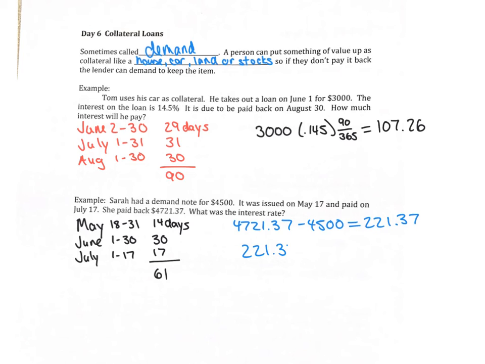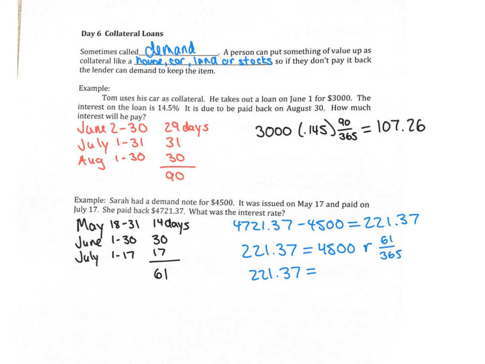We want to figure out what the interest rate was, so we can use our interest formula. Again, here is the amount of interest that she paid. The principal on the loan was the $4,500. We don't know the rate. She had the loan for 61 out of 365 days. And so I can multiply again. I'm just going to do all my steps here.